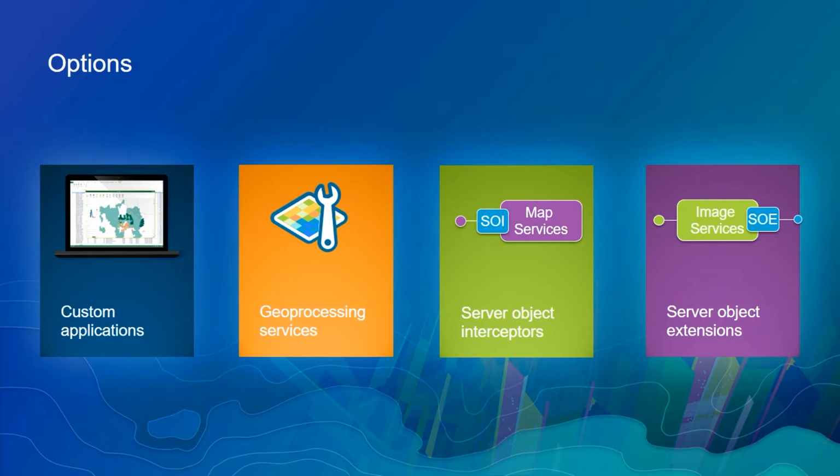You can even build thick clients like desktop applications, using the Runtime SDK or the JavaScript API. But the idea here is that when you write a custom application, oftentimes the business logic is written and authored within the custom application, right? That's one way to extend.